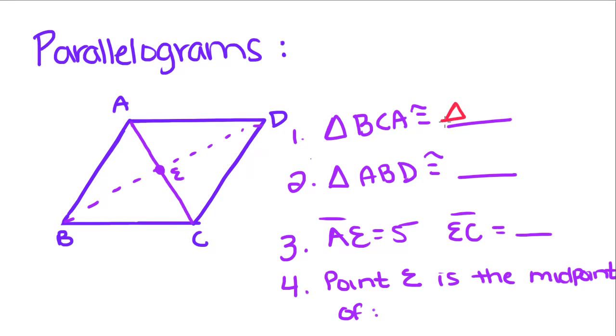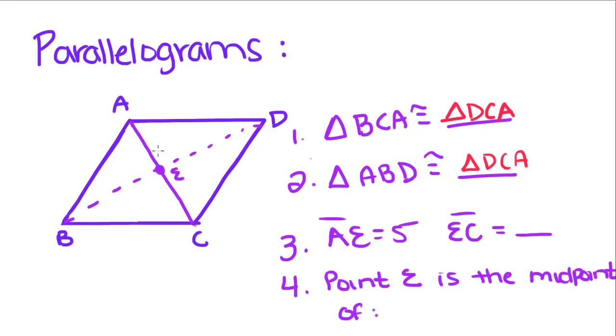So triangle BCA is congruent to triangle DCA. Triangle ABD, which is formed by this dotted diagonal BD, is congruent to triangle DCA.